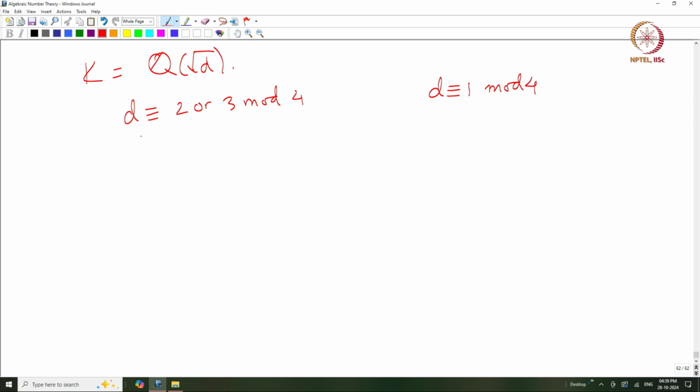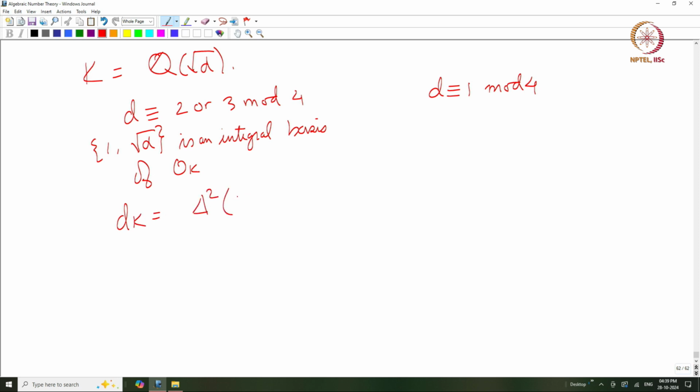Right. So, in the first case 1 and square root of d is an integral basis of O_K, and in this case we already computed the discriminant. It is just delta squared of 1 and square root of d, which we computed was 4d.